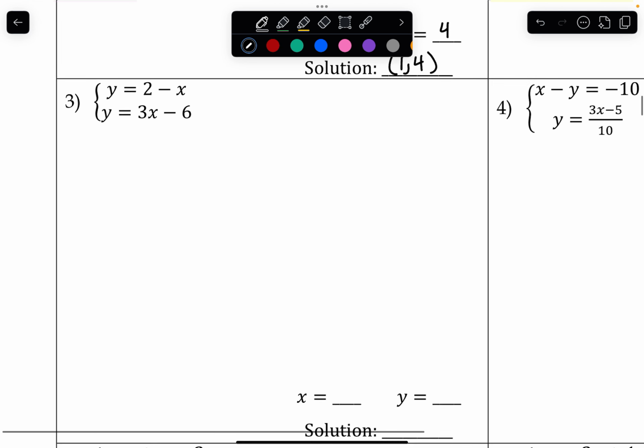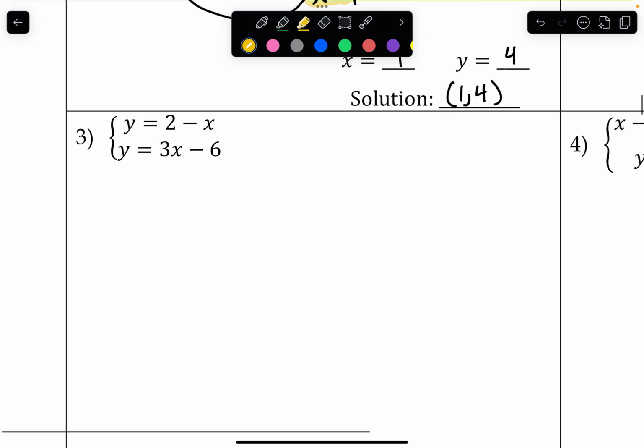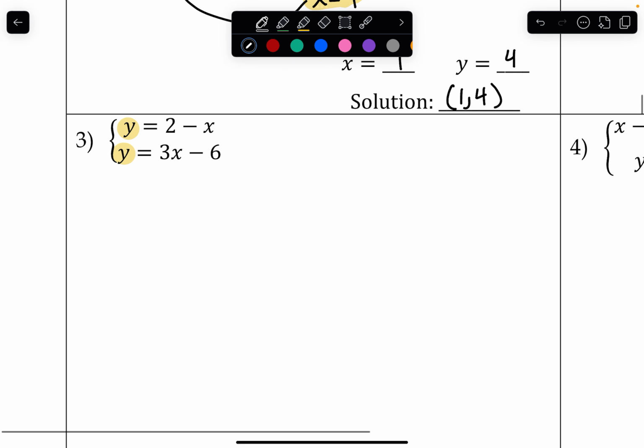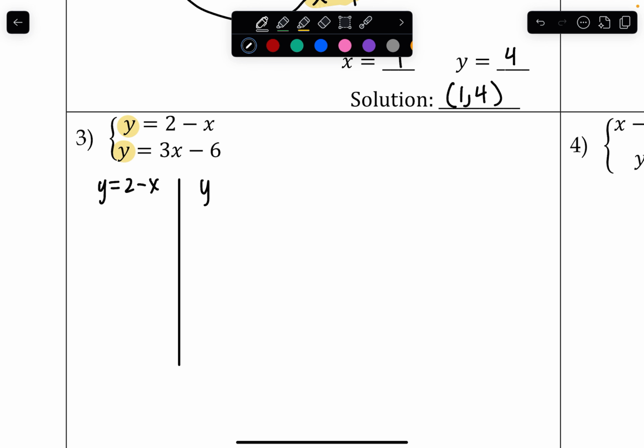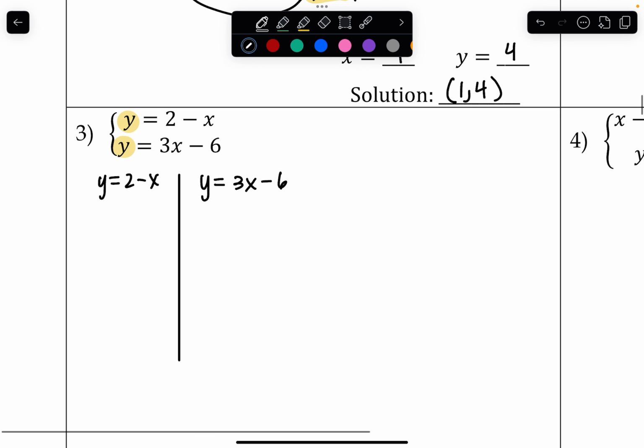Okay, on number 3, both of them are already solved for y, and so that makes it pretty easy. You can pick either one to go on the left side, so y equals 2 minus x, and then you can pick either one to go on the right side. Okay, so just be careful which player is getting subbed out. Y is the player getting subbed out, and he's over here on the left.